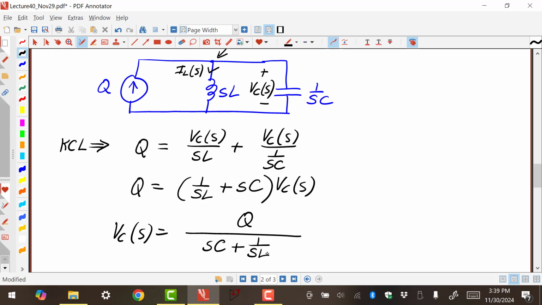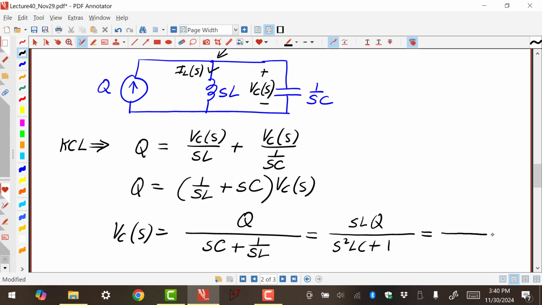Well, just a manipulation. Again, it's straightforward. Let's see where it gets us. What we do is multiply top and bottom by SL. So we have SL times Q divided by S squared LC plus 1. You see that term appearing again. Divide top and bottom by LC.